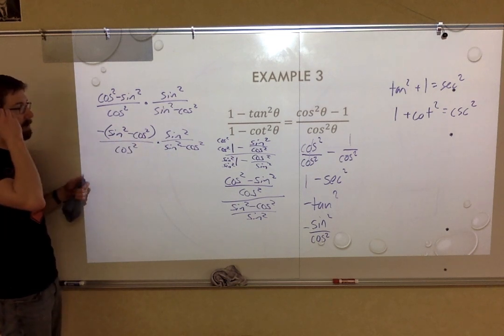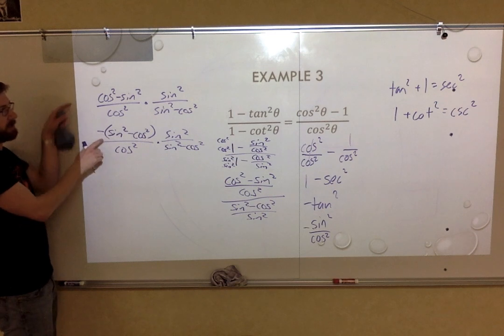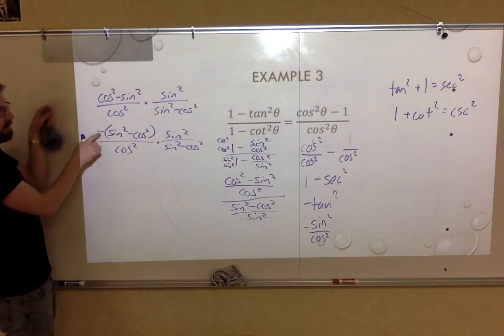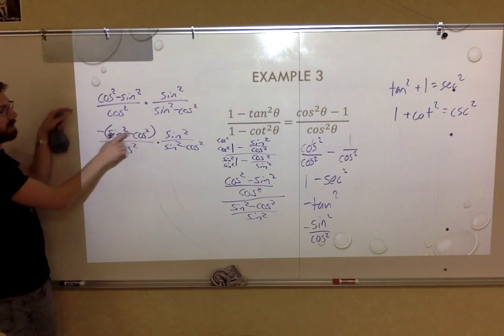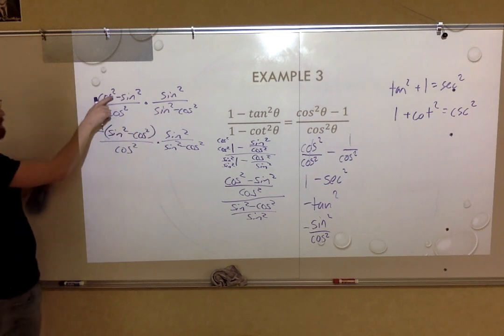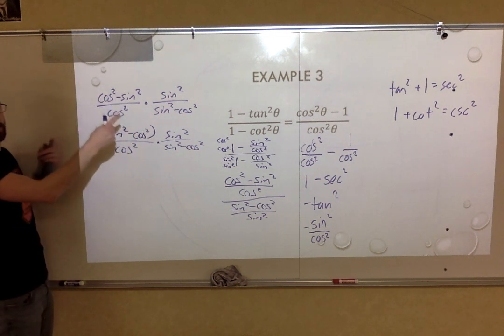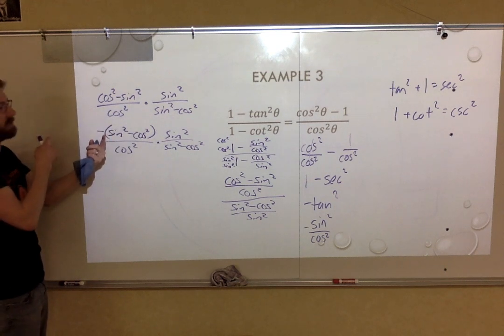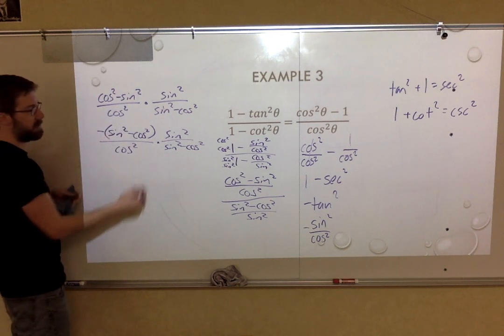Those can cancel out. Now, if you're wondering how I did that, I didn't change the value of anything here. If I distribute that negative back in, then it's negative sine and positive cosine again. This would be a negative sine, that would be a positive cosine. So all I did was I factored out a negative and reorganized them. I just switched them around so that they would look the same.